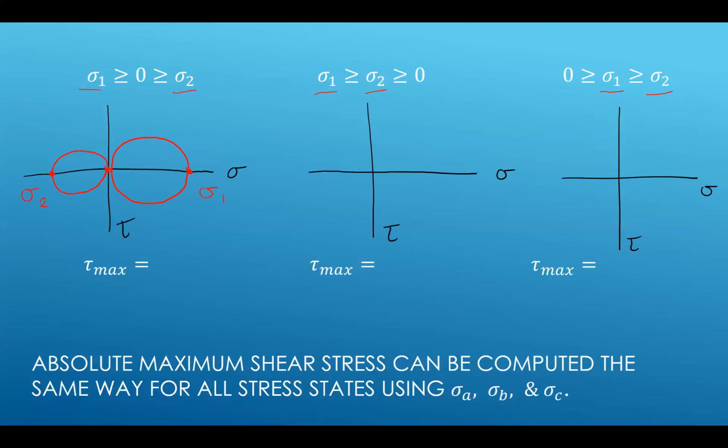And then we have a larger circle that connects sigma 1 and sigma 2. In this case, sigma 1 and sigma 2 being connected represents our in-plane maximum shear stress. So this is in plane. And our maximum shear stress in this case can be computed as the radius of that circle, so sigma 1 minus sigma 2 divided by 2.